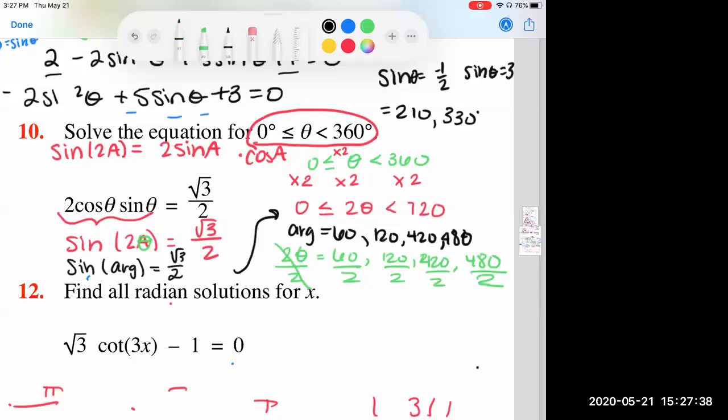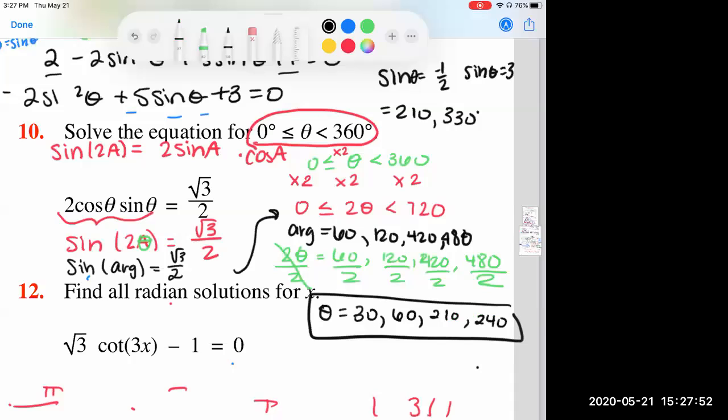So that we have our final answer of theta is equal to 30, 60, 210, and 240. That would be our answer.